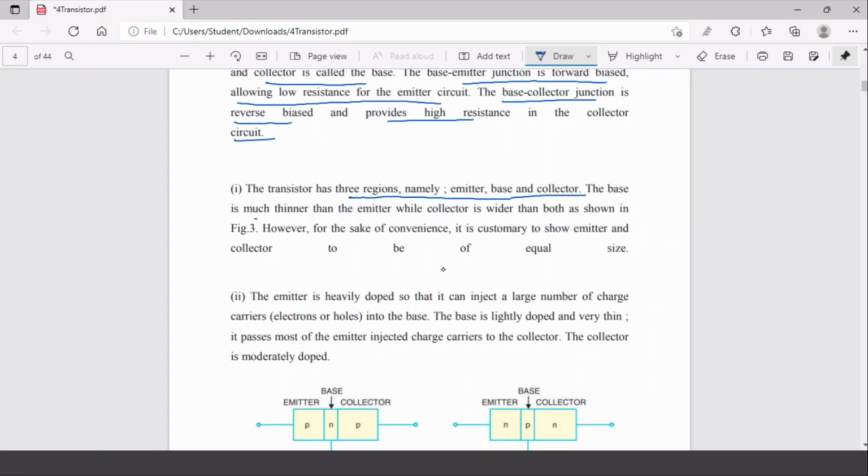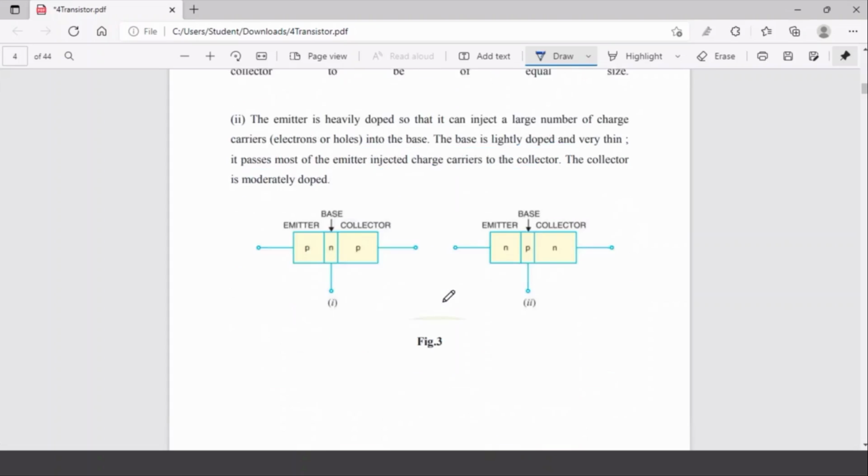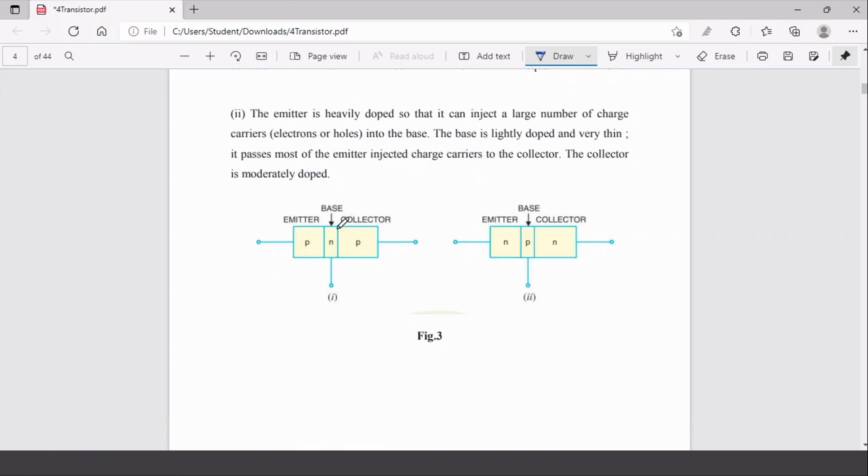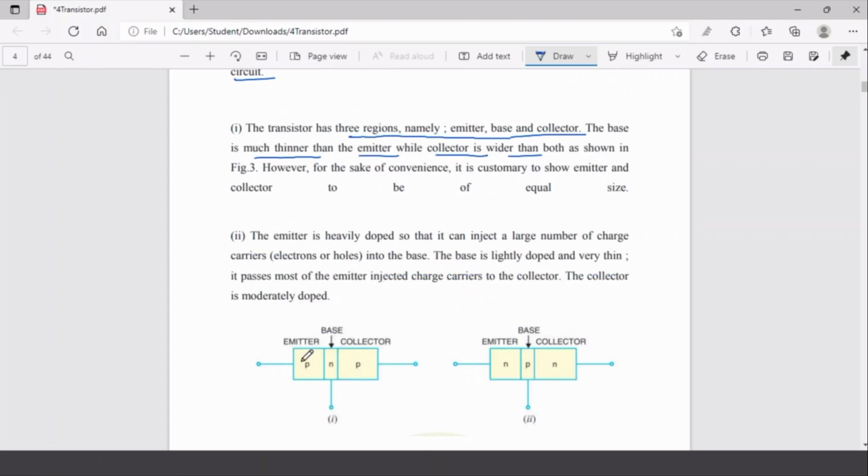Base is very much thinner than the emitter, while collector is wider than both. That means if I want to represent the width, the scale of all three layers here, emitter, base and collector, you can see in figure 3, the base is the thinnest, then after that comes the emitter, and then the largest is the collector, for both NPN or PNP transistors.